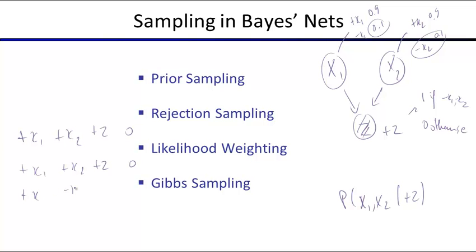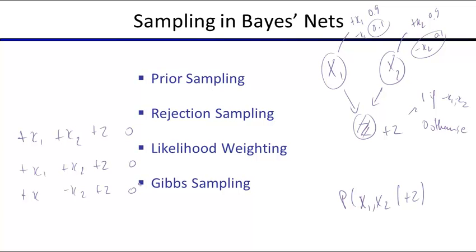Plus x1 minus x2 plus z, the weight will be 0. So when we compute with these weighted samples, how much they contribute to the final result is determined by the weight of the sample. Samples with weight 0 will not contribute at all. Samples with very low weight will contribute very little. So there's a gradual thing there. The lower the weight, the worse. Samples with very high weight really help you answer your query.